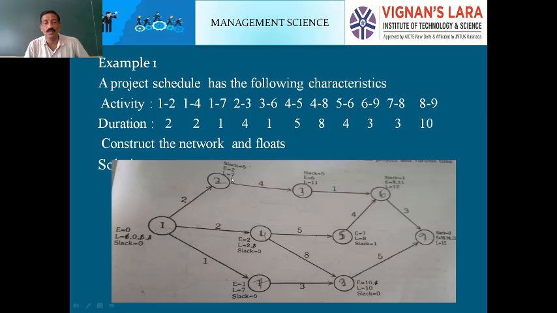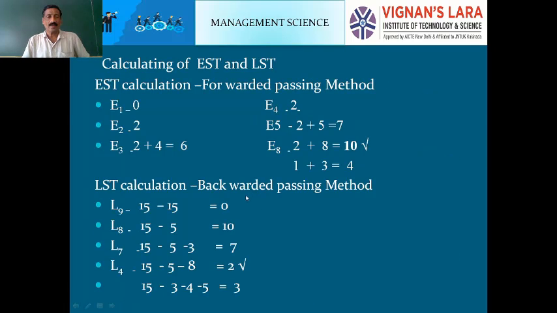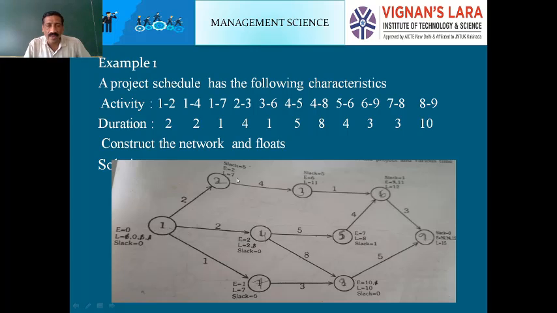For 1-2, total float minus 5 is called tail event slack. This is the head event slack. Tail event slack here means latest starting time 0, earliest starting time 0, difference is 0.